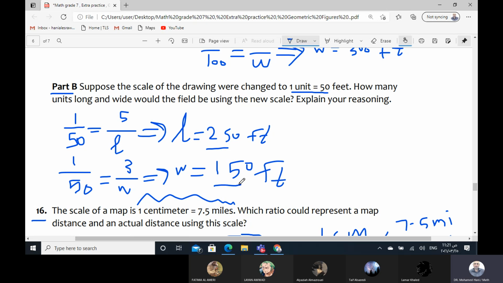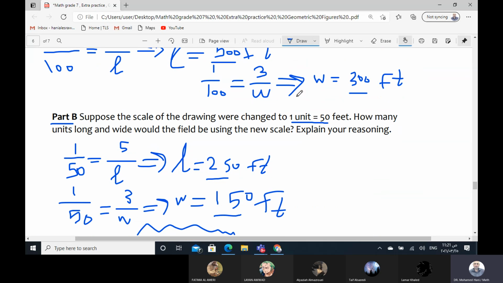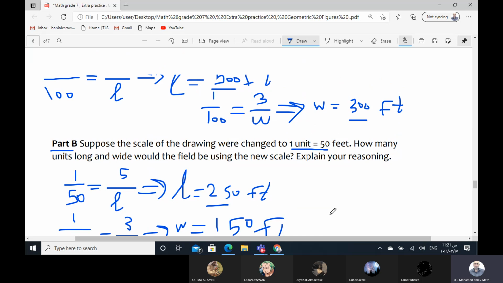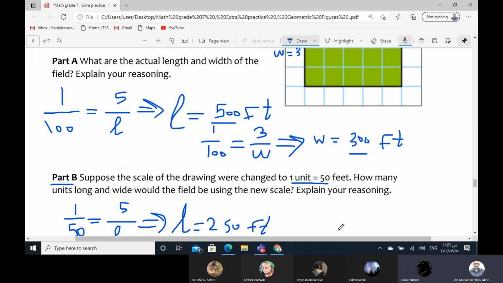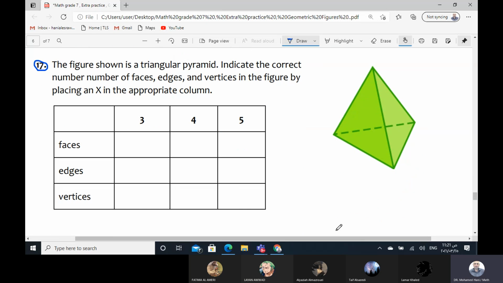Compare now, W here 150 and W here 300. So the half of the width. Who has any question here? No question. Okay. Who can read exercise number 17?